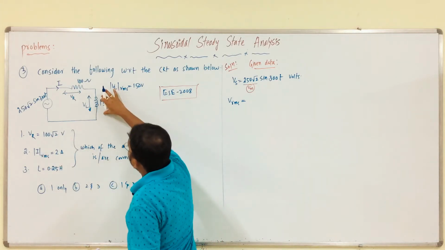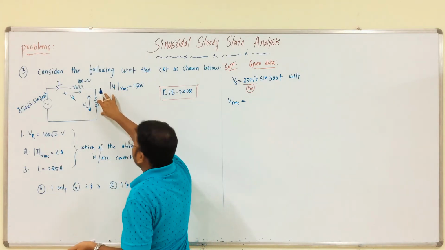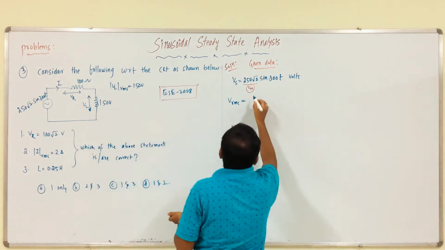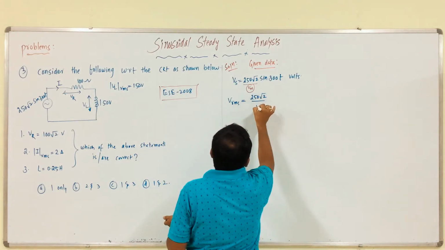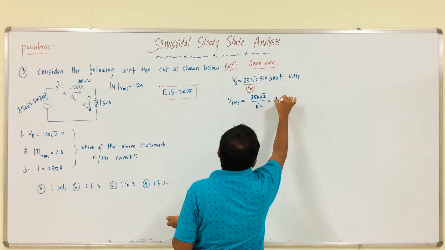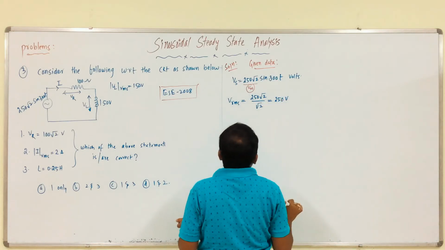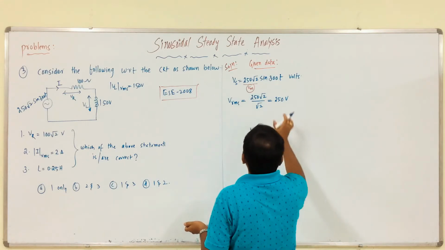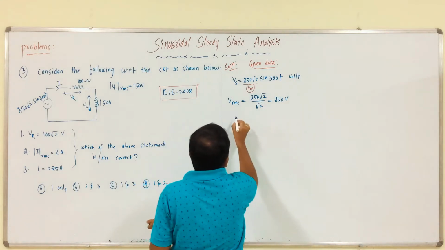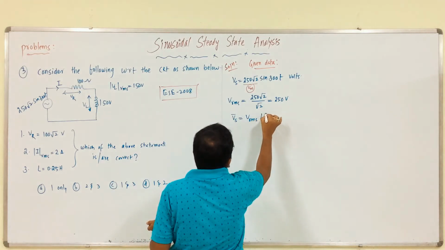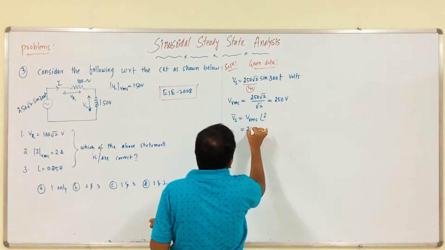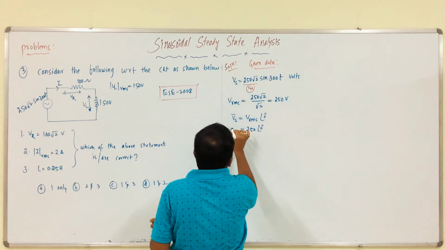Here he provided the voltage across the inductor, that is RMS. Therefore Vrms is 250 root 2 by root 2, so Vrms is 250 volts. This is the supply voltage Vrms, that is Vs, which equals Vrms at an angle 0, which is 250 at an angle 0.